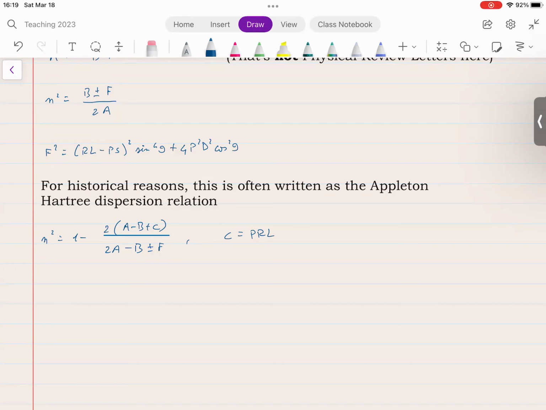So usually F squared is positive, which means that n squared is real. And that's going to give us either a propagating or an evanescent wave in this model.